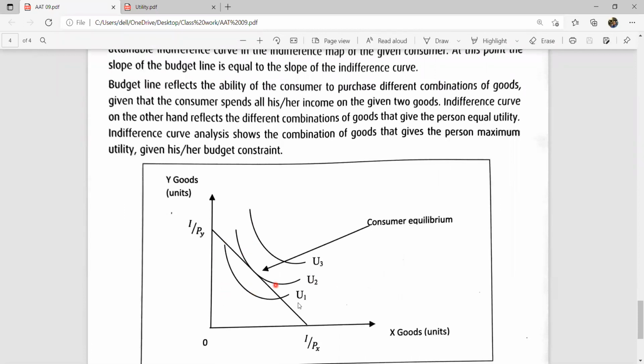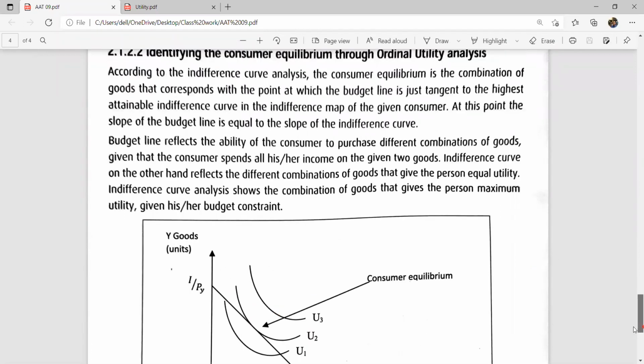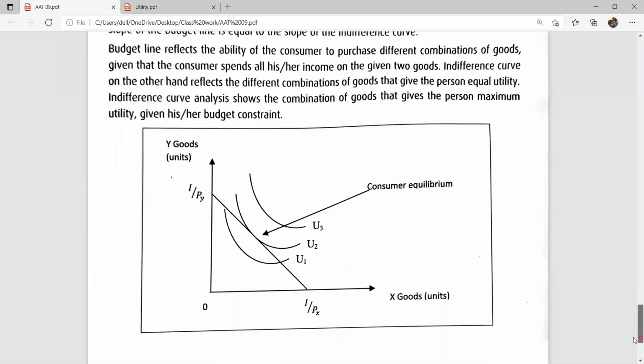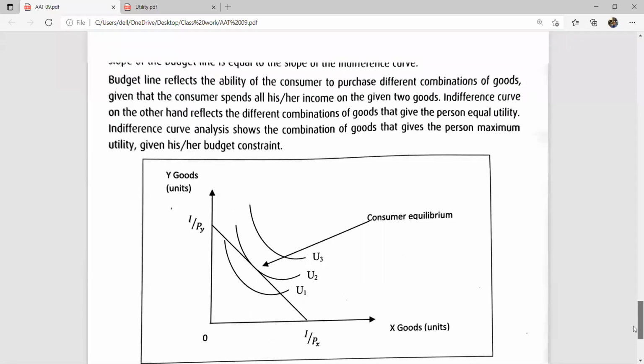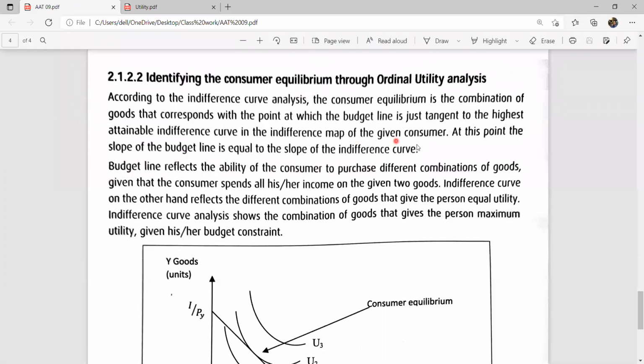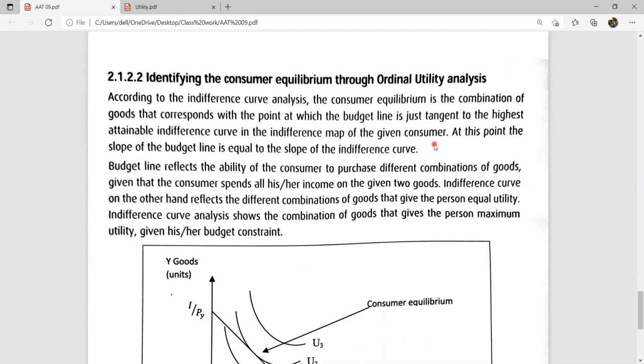It is called an indifference map. Anyway, if you want to draw equilibrium, such a budget line and the U2 curve is enough. So for the given consumer, at this point, the slope of the budget line is equal to the slope of the indifference curve.